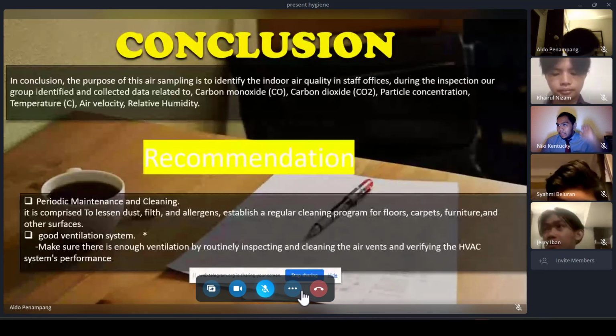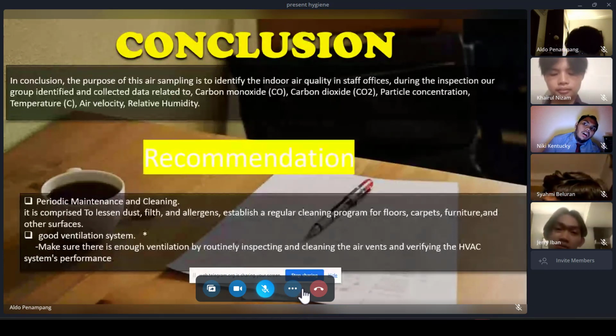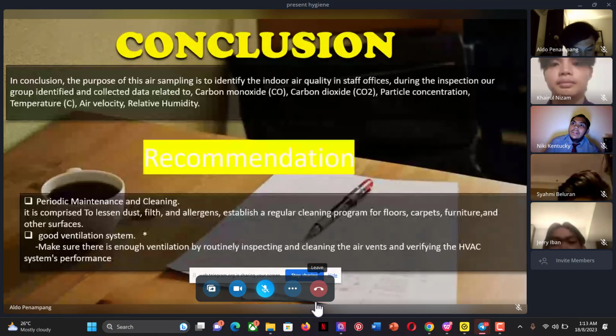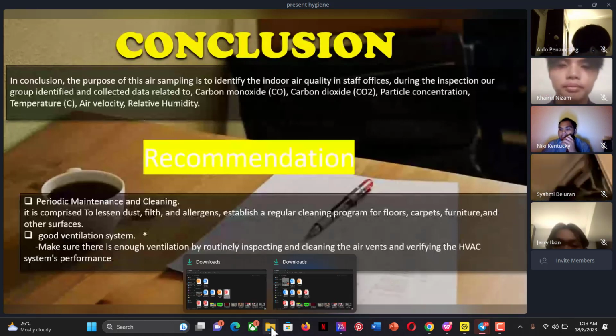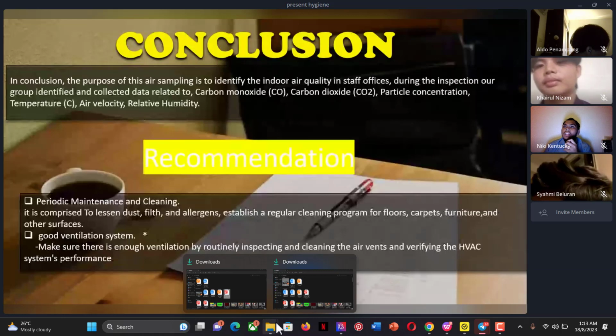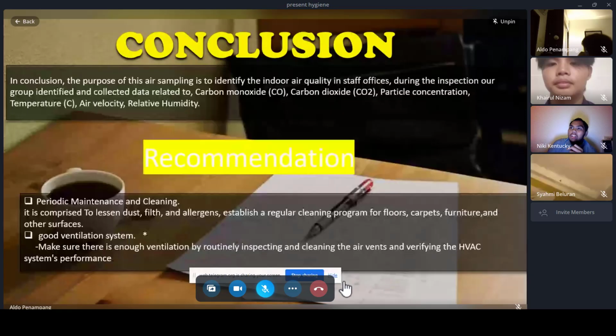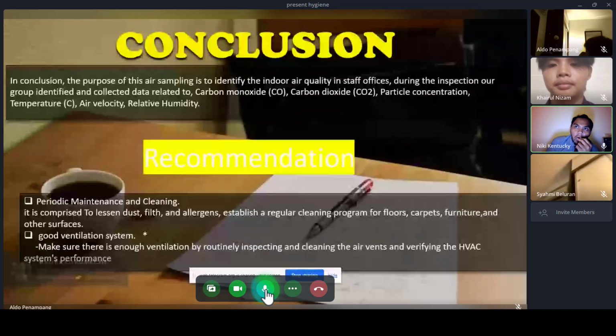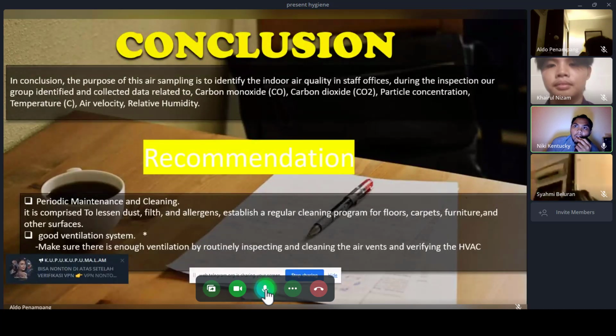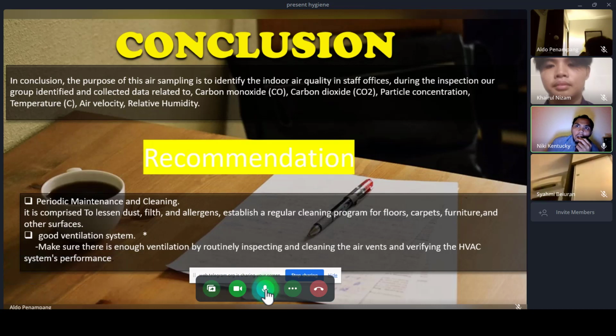To keep air quality in good condition, do periodic maintenance and cleaning to lessen dust, pests, and allergens. Good ventilation system: make sure there is no blocked ventilation by routinely inspecting and cleaning the air vents and verifying the HVAC system performance. So that's all for me. Thank you.